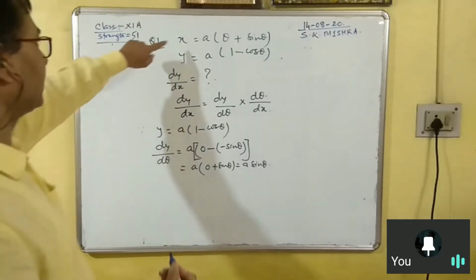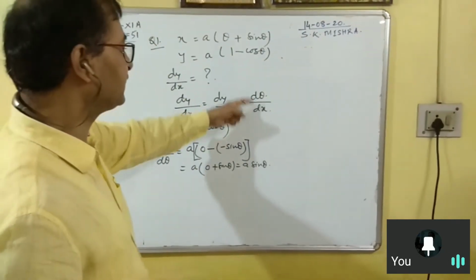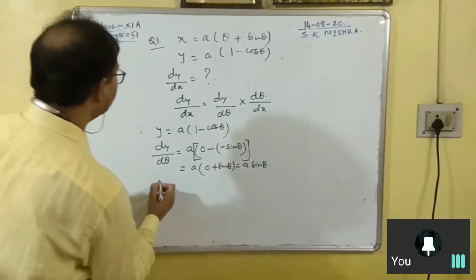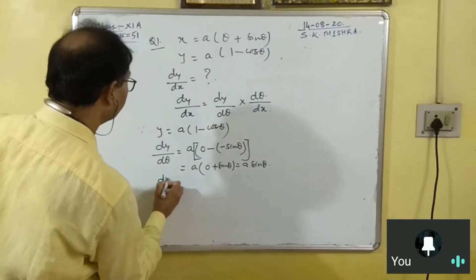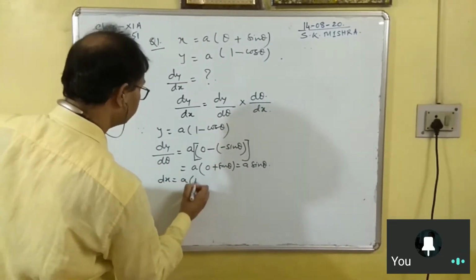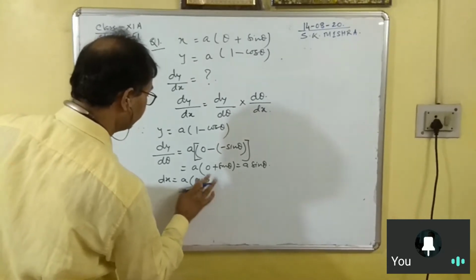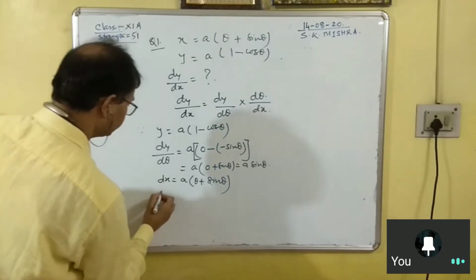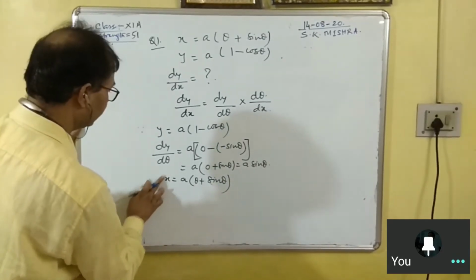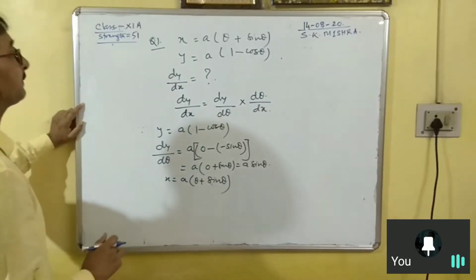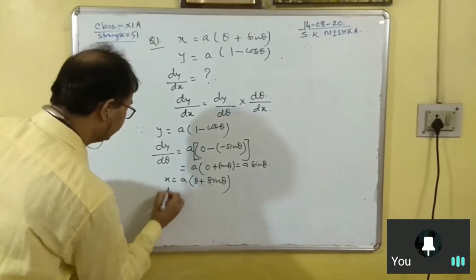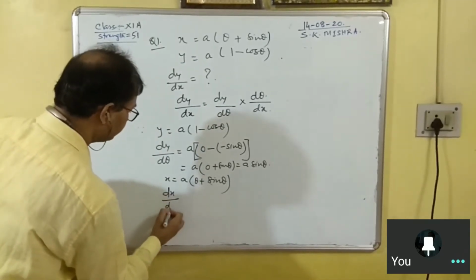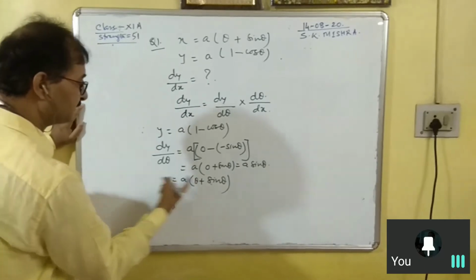Now from relation 1 you can find d theta by dx. So relation 1 is x equals a(theta plus sin theta). So what is dx by d theta? Differentiate x with respect to theta.